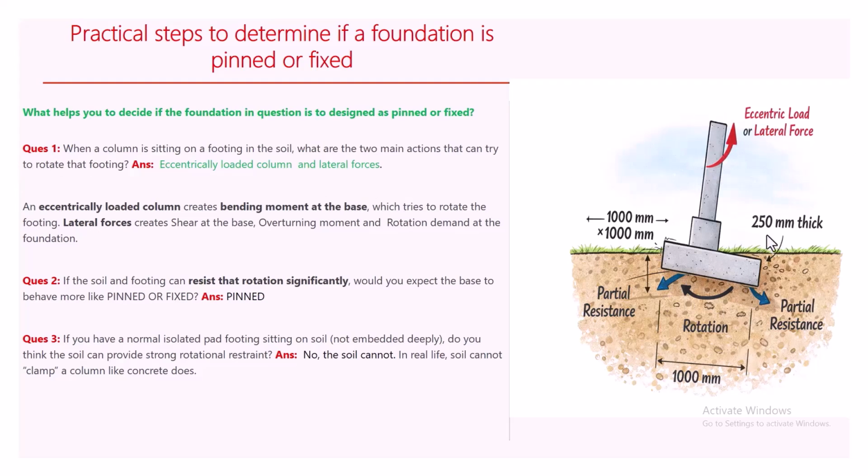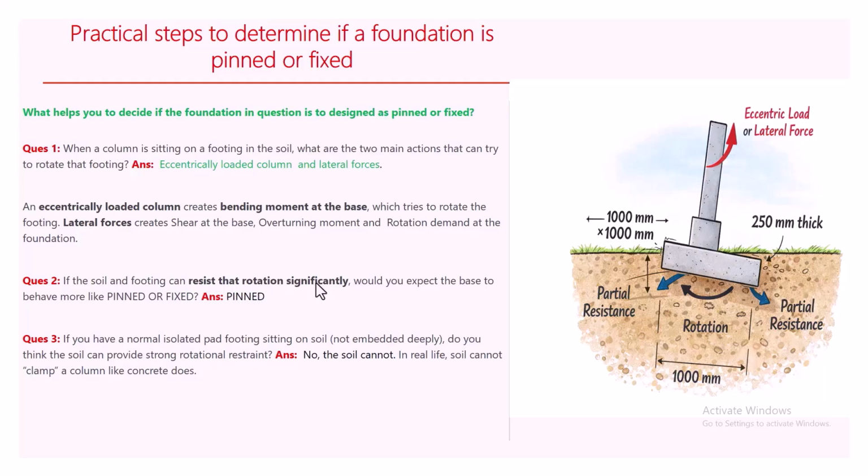Then the second question: if the soil and the footing can resist that rotation significantly. That is why that question is very important, and that is why it is in bold black.